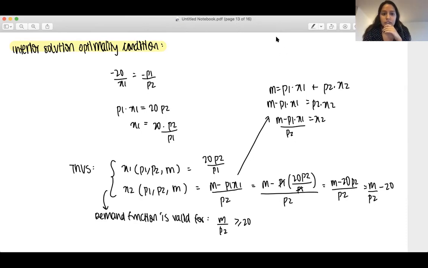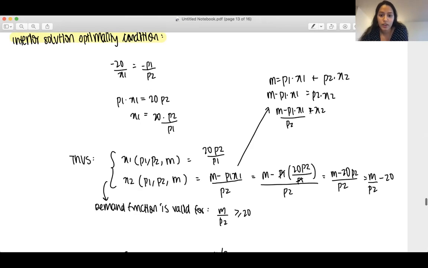Okay. So here we just rearranged it to find what X2 would be. As you can see, it's just this part, which I've written over here. Now we know what X1 is from the marginal rate of substitution formula, so I substituted that in here.